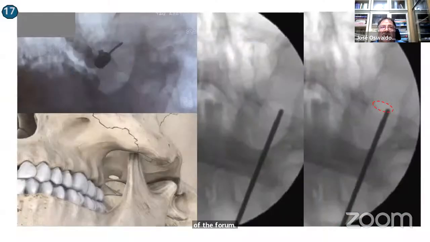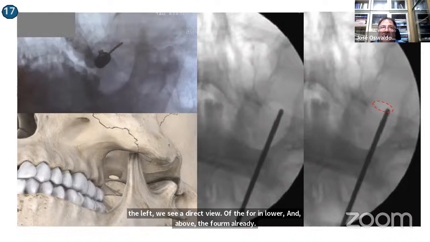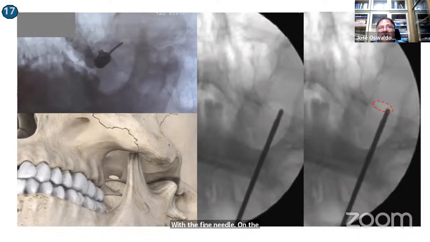On the left, we see a direct view of the foramen in the lower drawing and above the foramen already punctured with the fine needle. On the right, we see the foramen punctured by a thicker cannula.